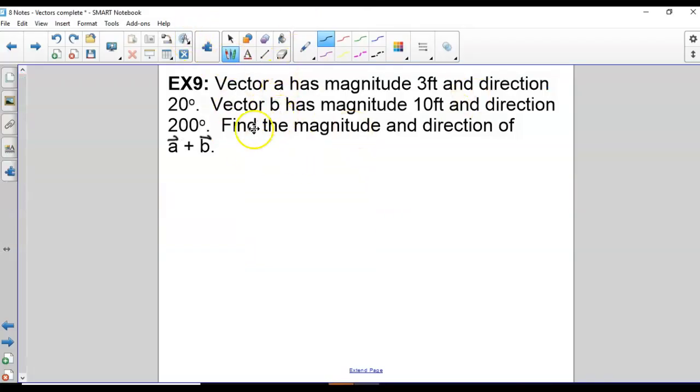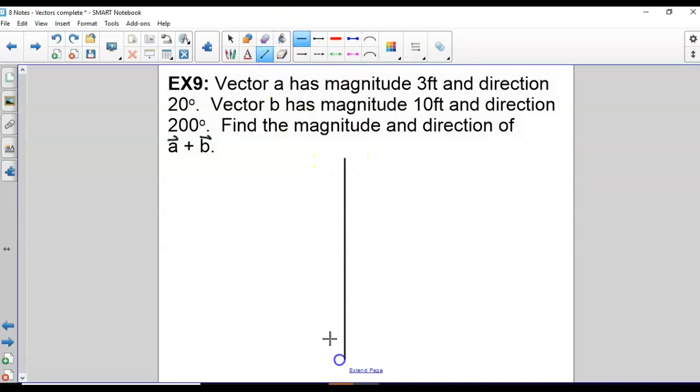So, for example 9, vector A has magnitude 3 feet and direction 20 degrees. Vector B has magnitude 10 feet and direction 200 degrees. Find the magnitude and direction of A plus B. Okay, so this problem is a generic vector problem.